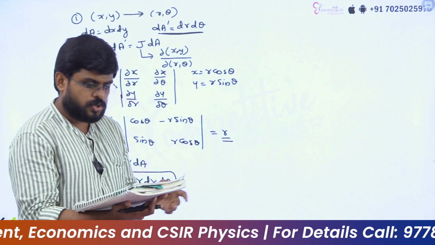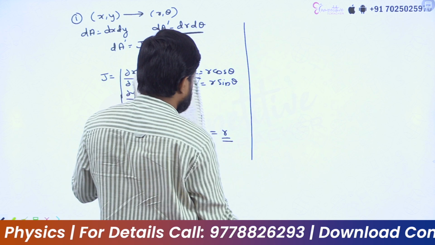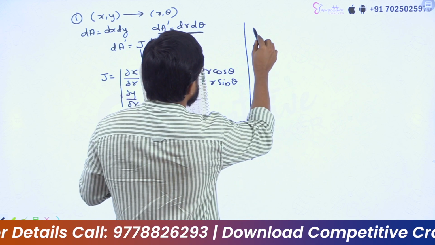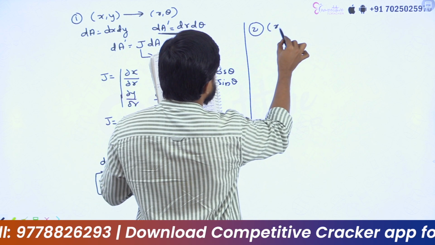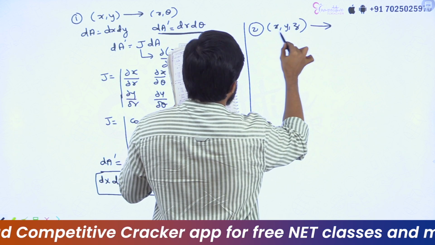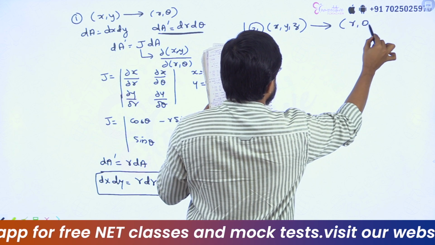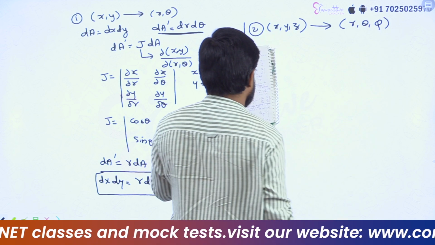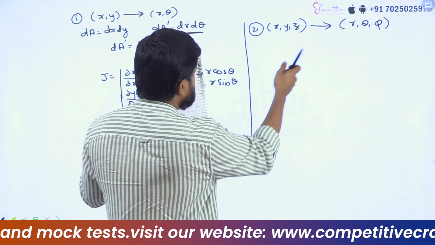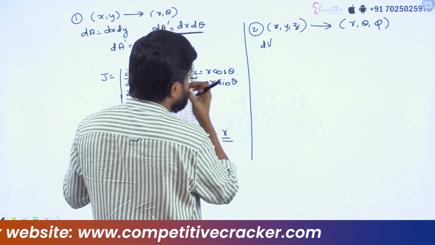Is it clear? Similarly, you can calculate for the transformation from the Cartesian coordinate system to the spherical polar coordinate system r, theta, phi. Here it is not area, it will be volume, since it is three-dimensional.